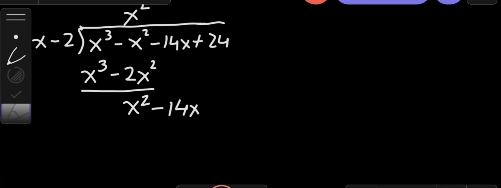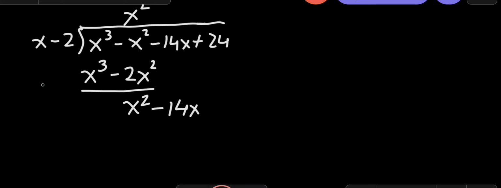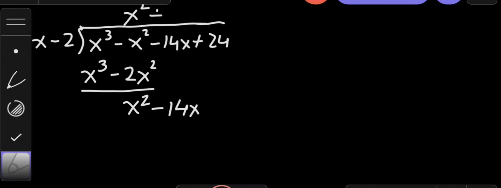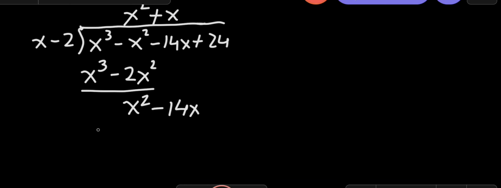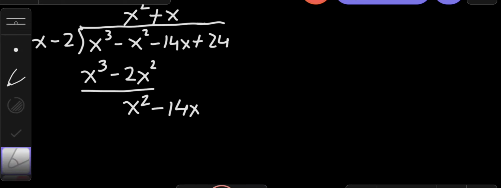So next we have x squared divided by x, which is positive x. Then positive x times x is x squared, and positive x times negative 2 is negative 2x.